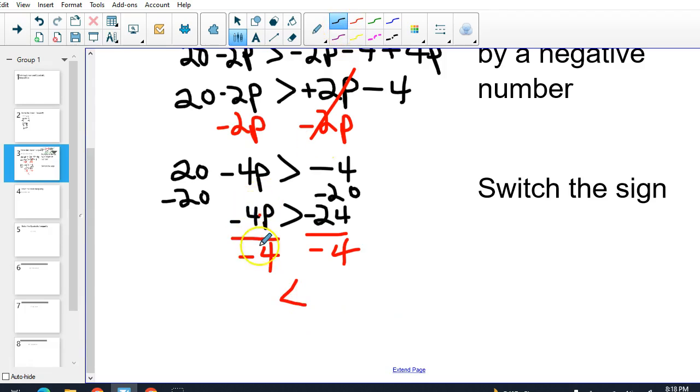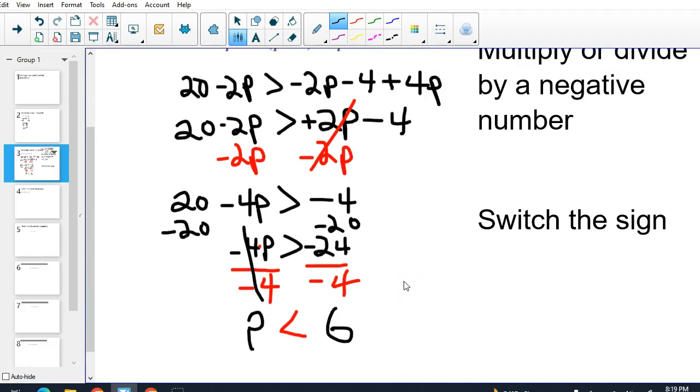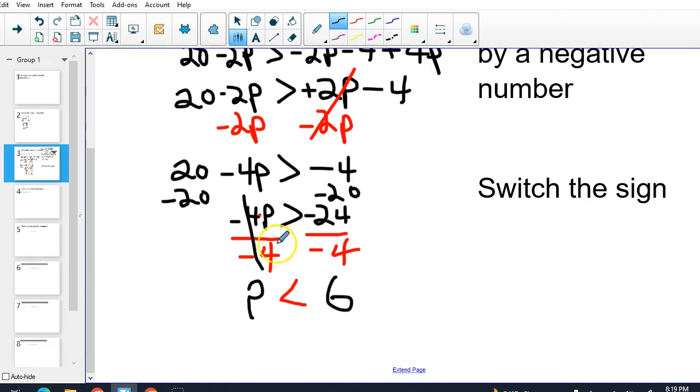Now negative 4 divided by negative 4 cancels out, so we're left with p. Negative 24 divided by negative 4 is 6. That's pretty much what's new between inequalities and equations. If you multiply or divide by a negative number, then you have to switch the sign.